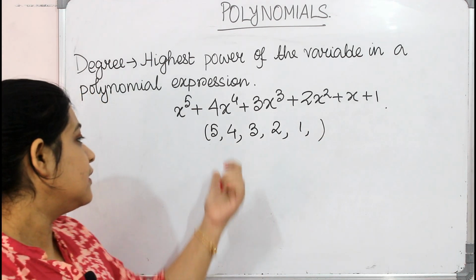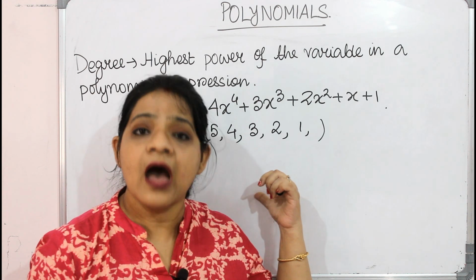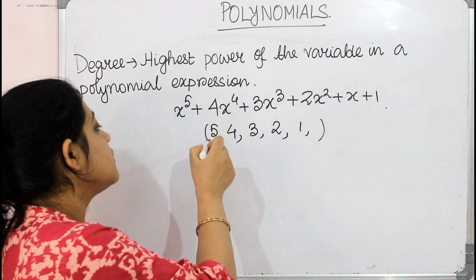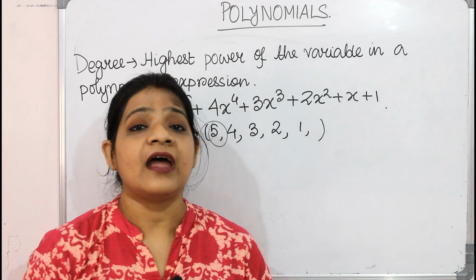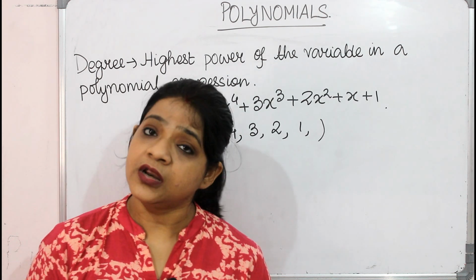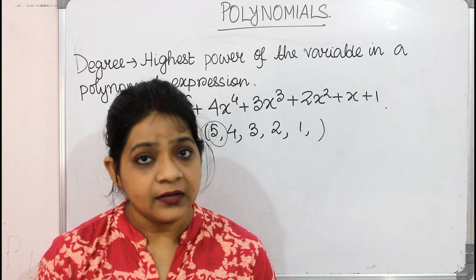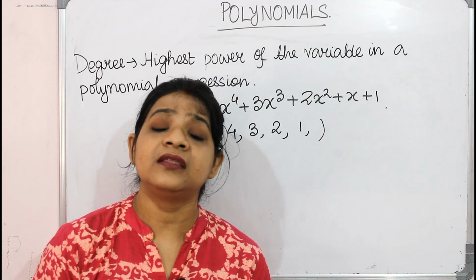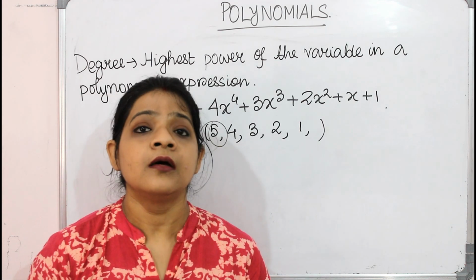From here, which one is the highest power? 5 is the highest power, that is x to the power of 5. So we will say that the degree of the polynomial is 5. That means the degree of a polynomial is recognized by the highest power or exponent of the variable.